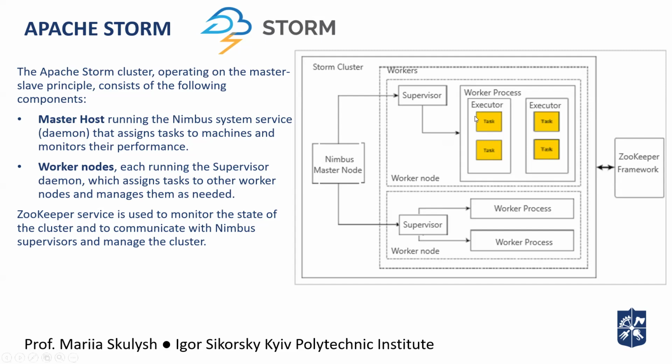For processing a task on the executor, we have the possibility to manage the request. Then Nimbus is the master node. What does it mean? Nimbus collects statistics about how it works.